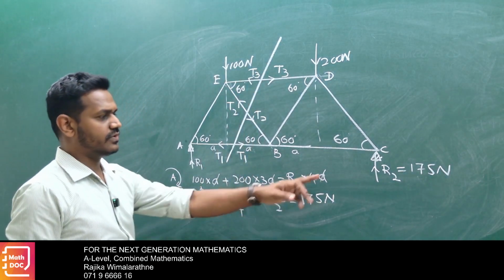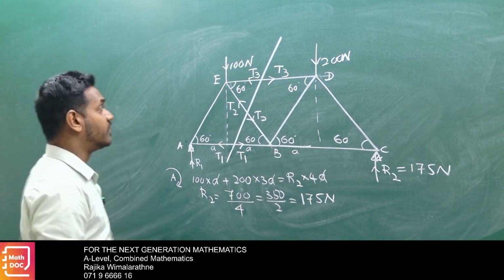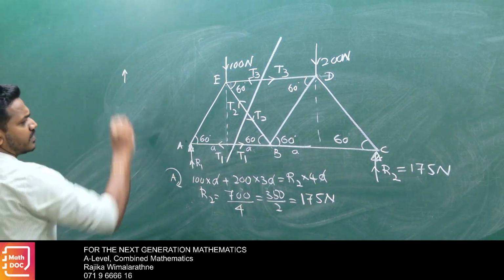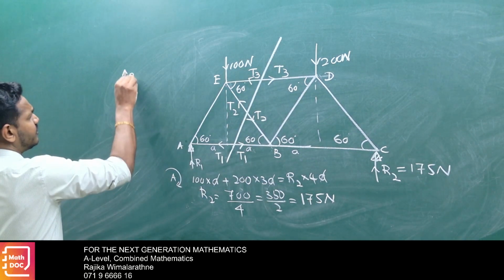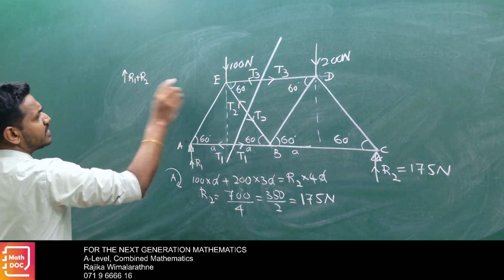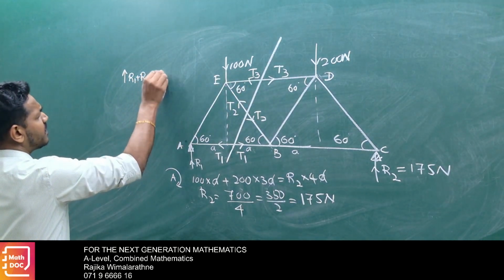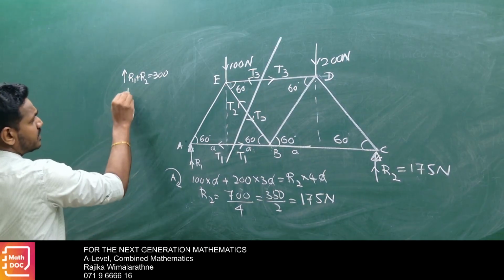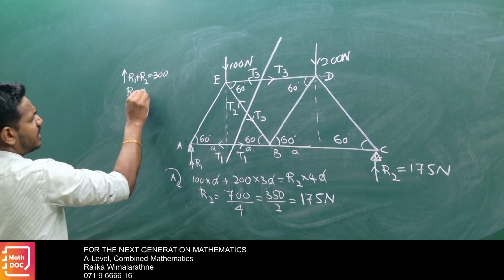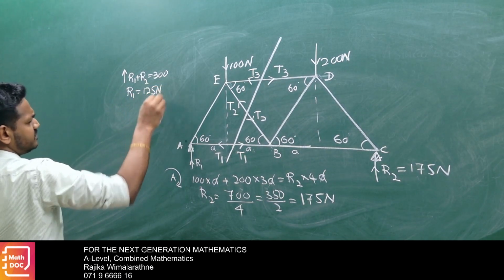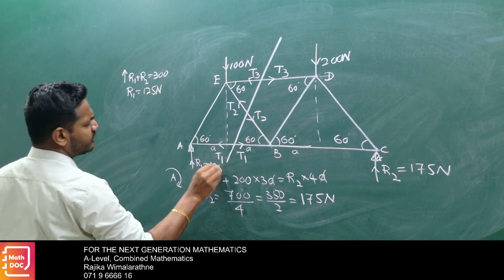Now we know R2, no? Then by vertical forces, R1 plus R2 equals 300. Then R1 equals 125 Newton.